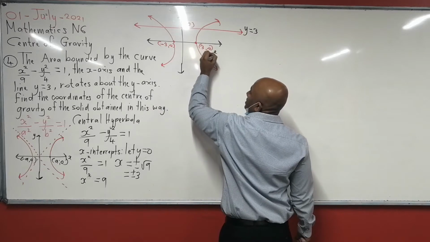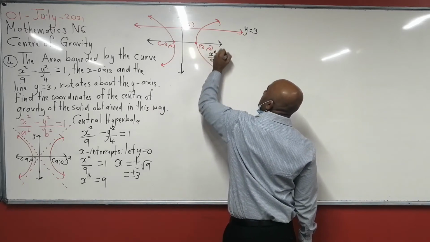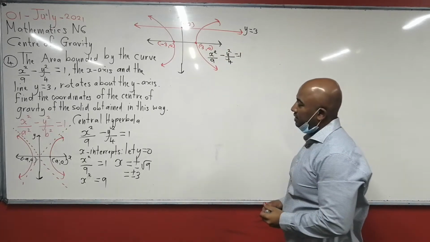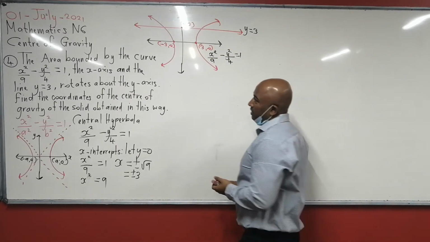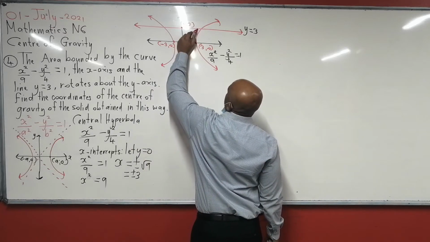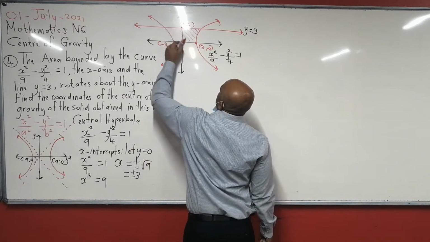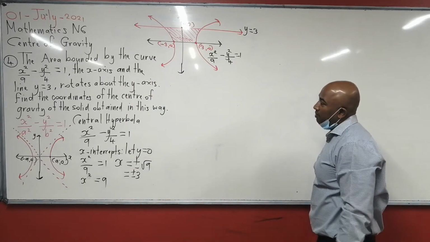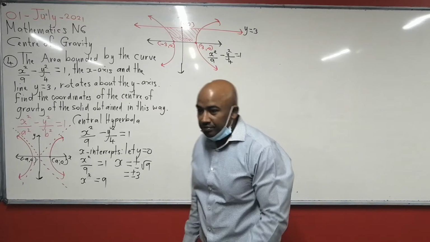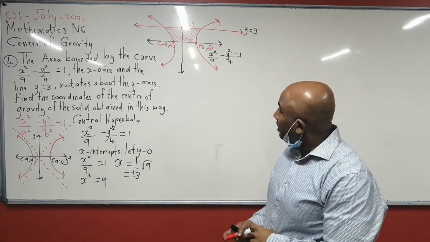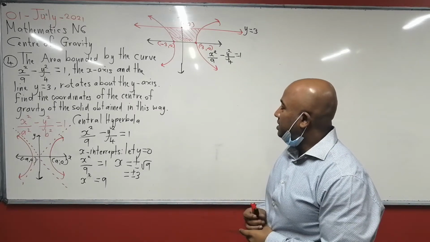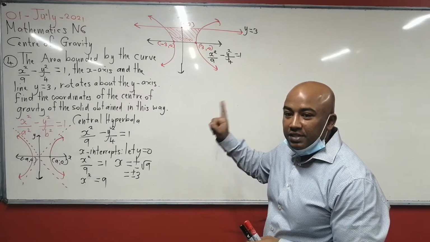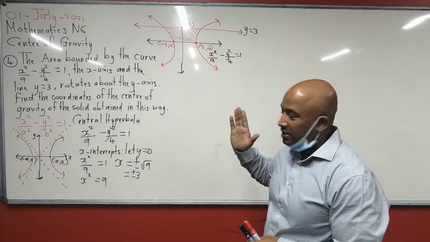This is the graph x squared over 9 minus y squared over 4 is equal to 1, and this is the graph y is equal to 3. So we've got the area. This is the area that we're talking about, the area bounded by the curve, the x-axis and the line. This area rotates about the y-axis.